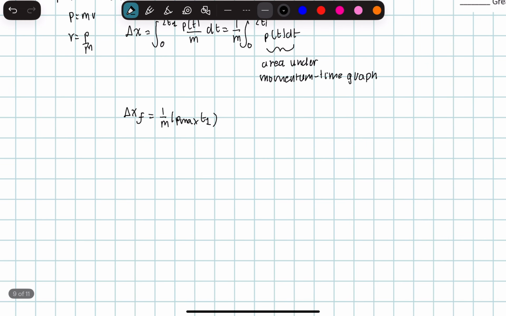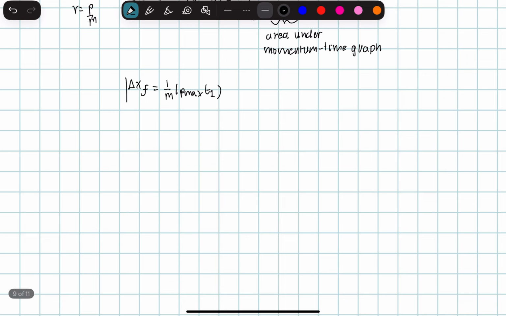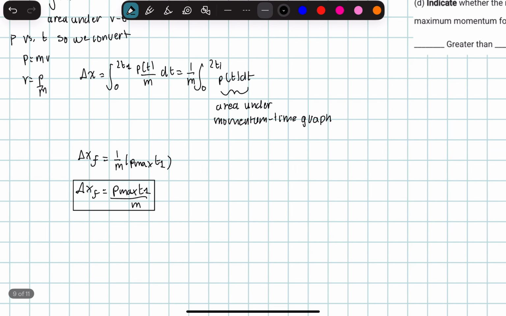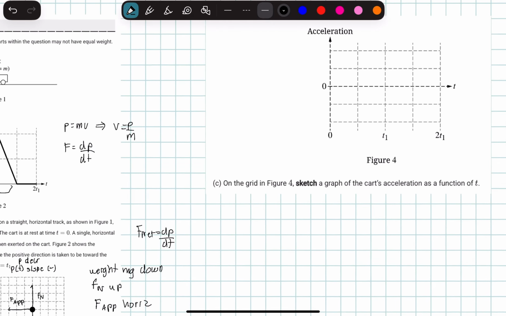So we divide by the mass to get the displacement. Well, we can rewrite this as delta x f is equal to P max T1 over m. And then that is it. So let's move on to our next part.